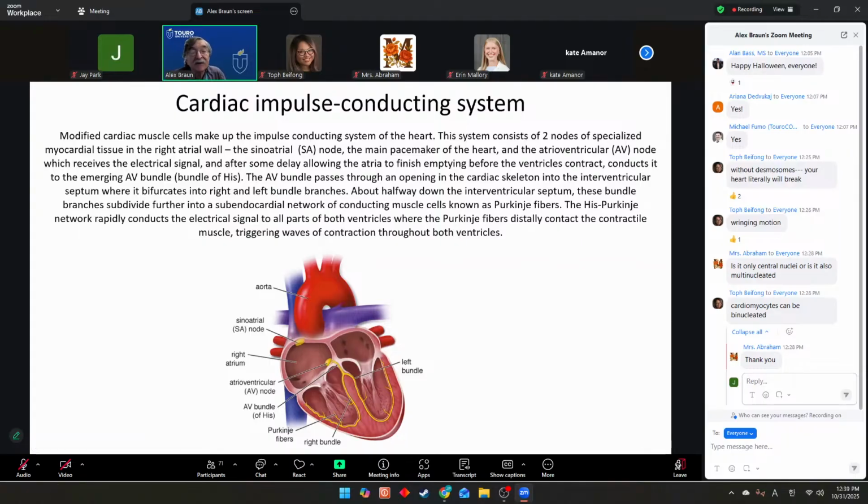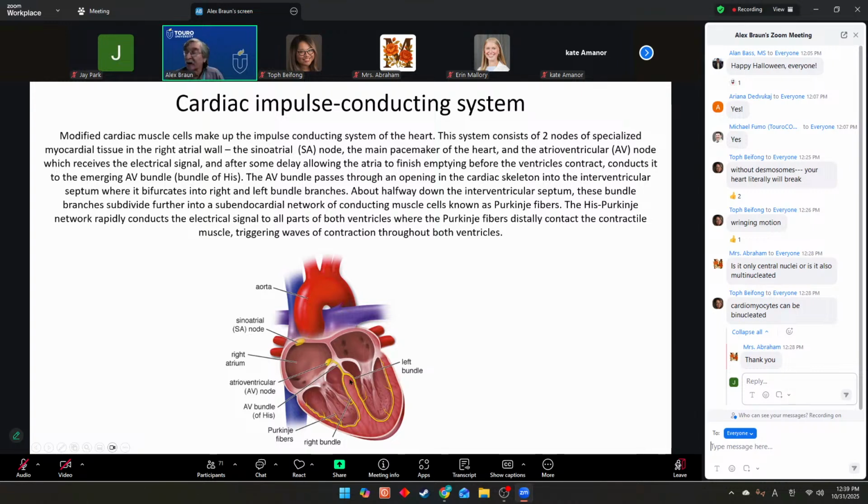It's fibrous tissue, part of the cardiac skeleton itself, the so-called membranous skeleton. And then the cardiac impulse is conducted through the membranous skeleton, through the AV bundle of His, to the upper part of the muscular septum, where it divides further into the right and left bundles.